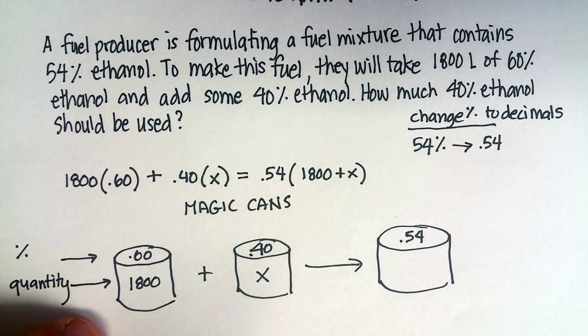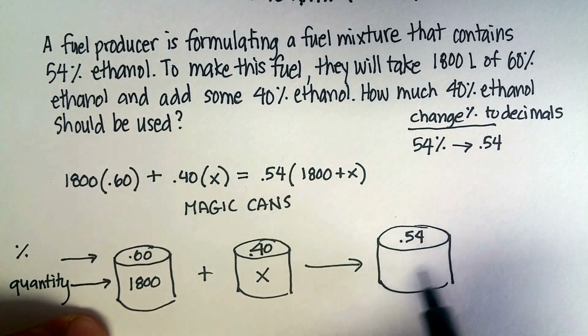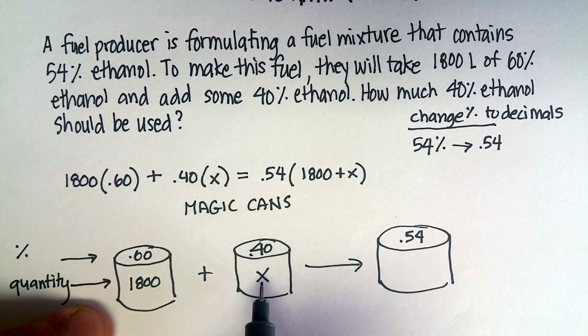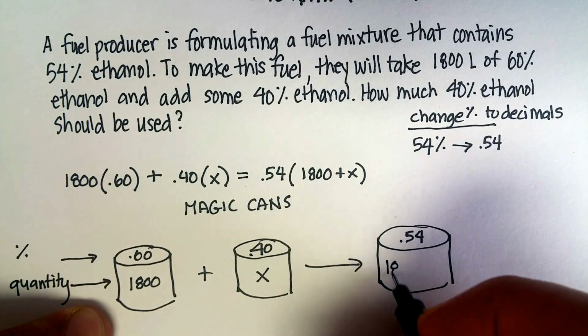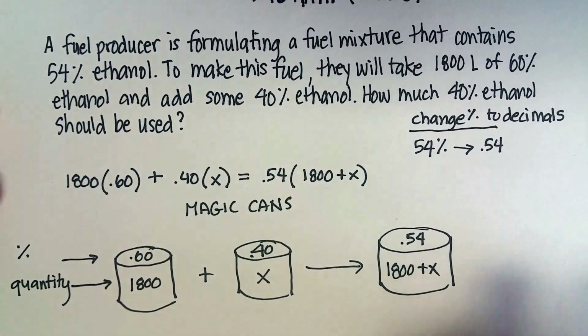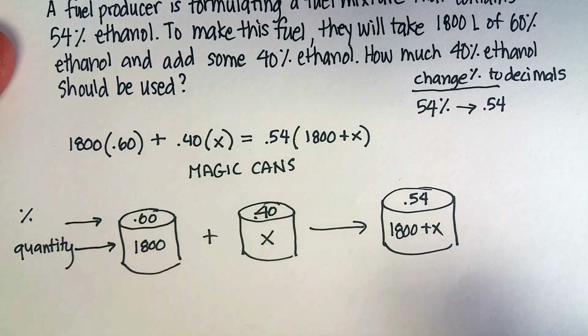Now, this part is real easy right here. This quantity is easy. It's just read it straight across. 1,800 plus X. And now you've got your equation. Let me show you how to read this.